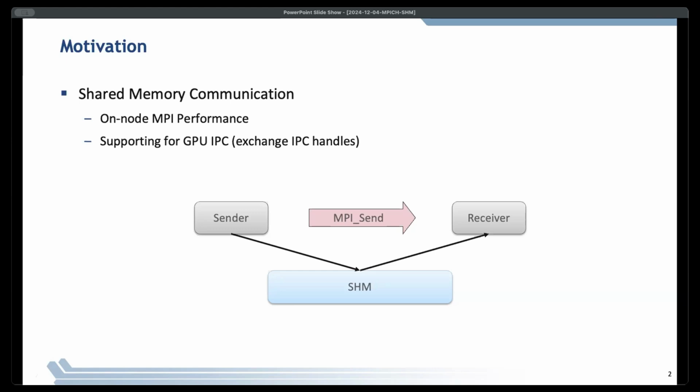Basically, one can copy the data into the memory, and the receiver can copy the data back out. So you just need a shared memory buffer in between. And having a high performance shared memory transport is going to significantly help with the performance.